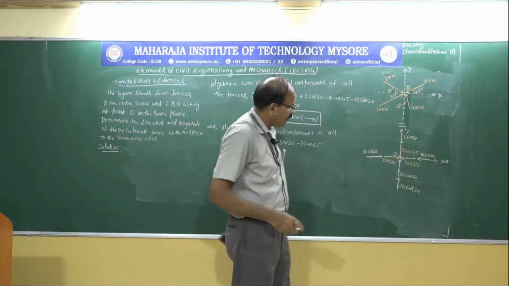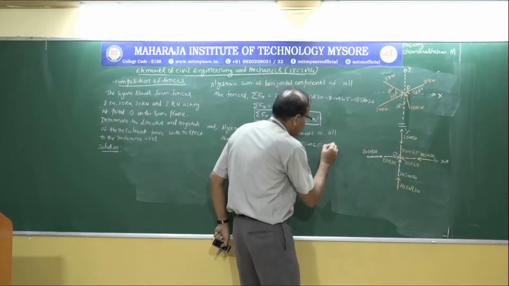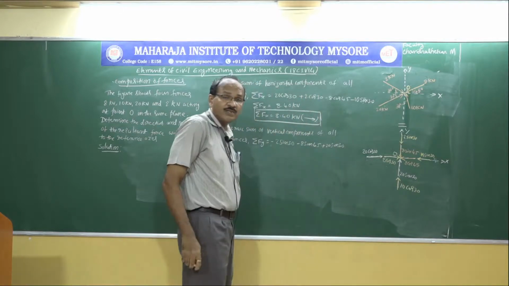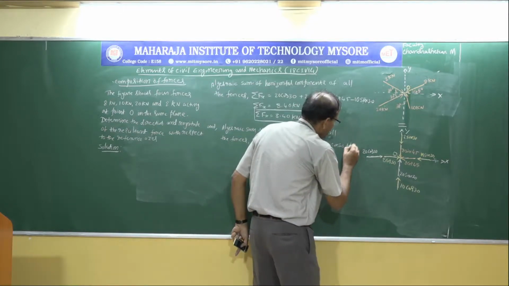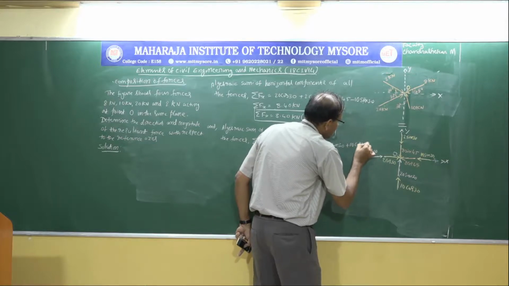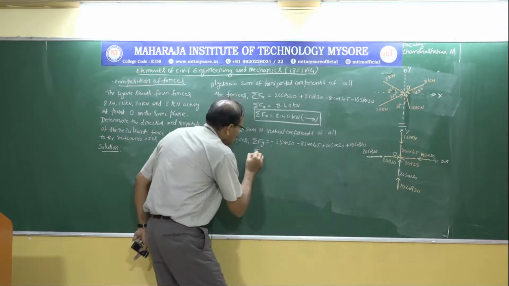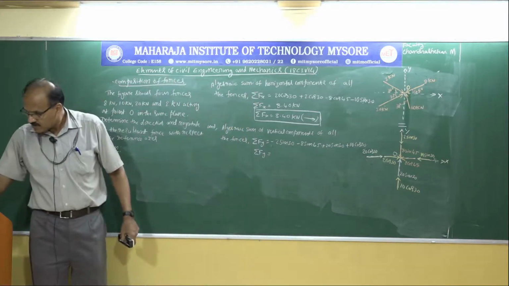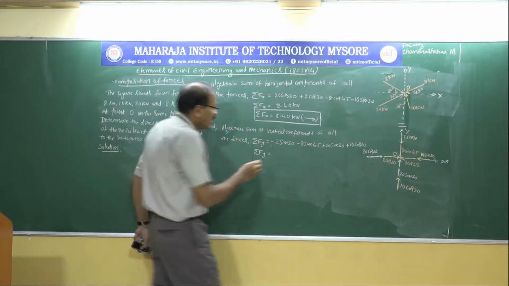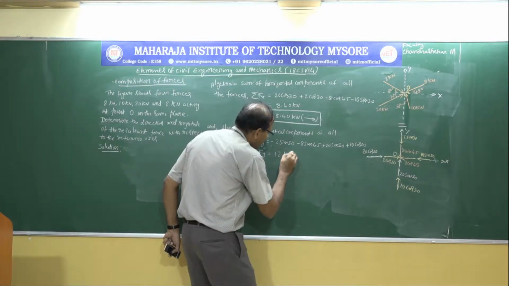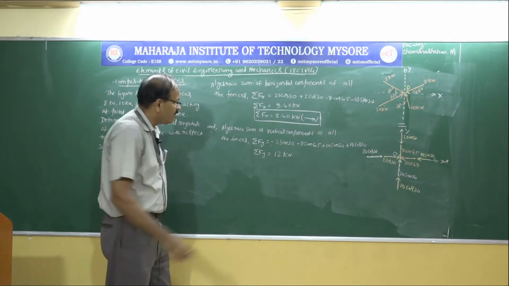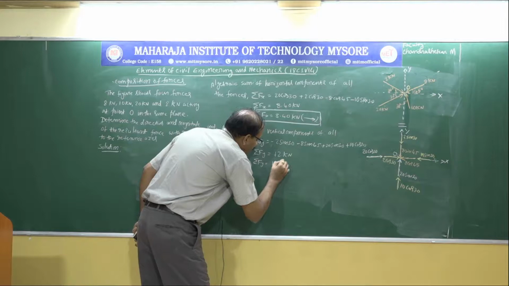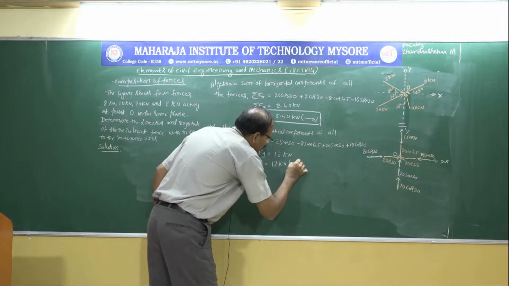One force acting upwards, so that is plus 20 sin 30, acting upwards, 10 cos 30, that is plus 10 cos 30 degree. So sigma Fy equal to, we are going to get this as plus 12 kilonewton, acting upwards.